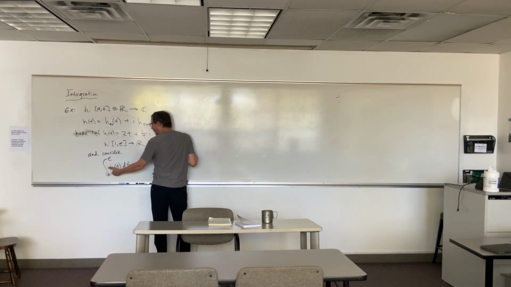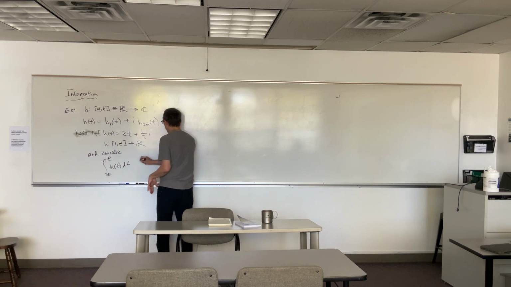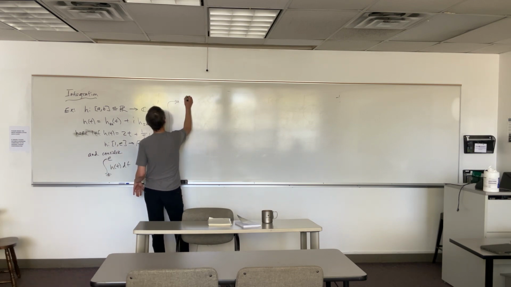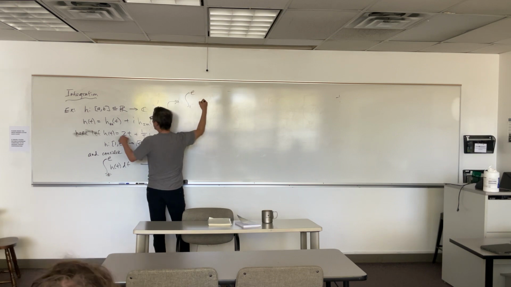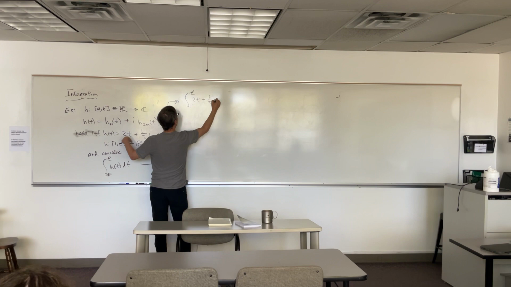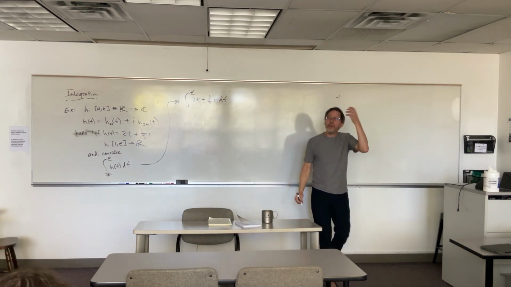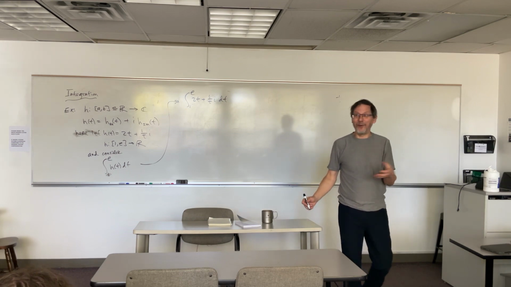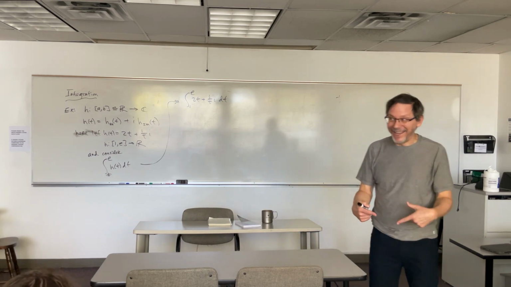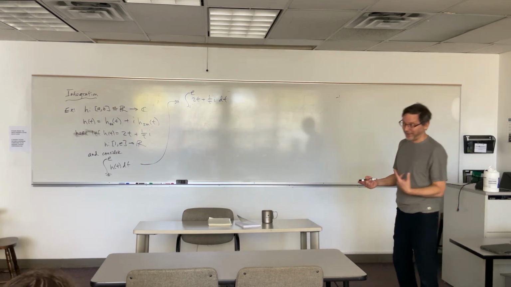Well, you take the antiderivative of this, plug in the limits, and subtract. Straightforward. But here it's a little bit weirder because when I replace h with its definition, it's going to be 2t plus 1 over t i dt. Good news. It's still Calc 1. Even though there's an i in it, that i is just a constant.